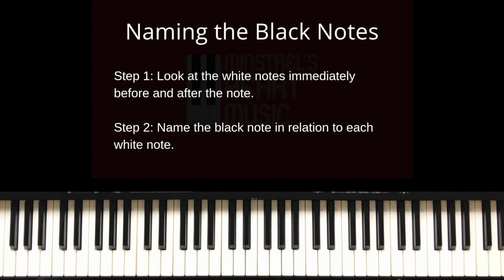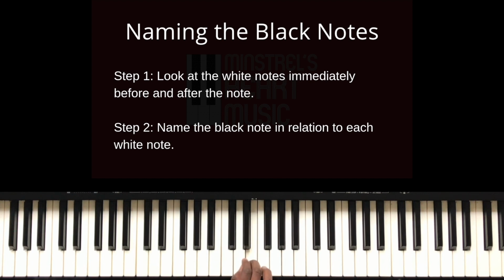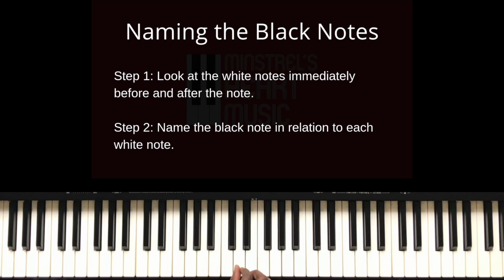So let's try with a different black note. Step 1, look at the notes immediately before and after it. D, E. Step 2, name the note relative to the white notes immediately before and after it. This is D. Relative to this, it is sharpened, right?